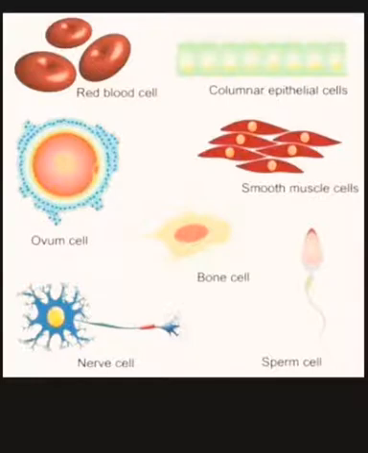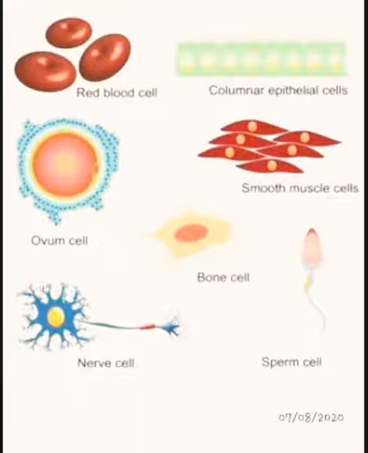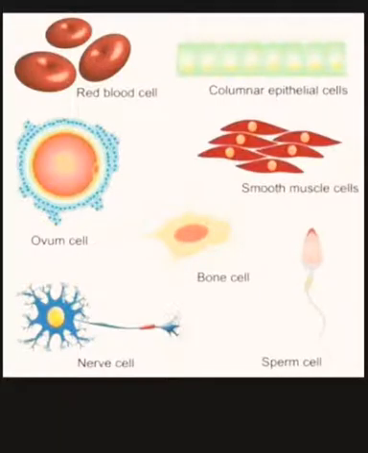The sperm cell is elongated with a head which tapers at one end, and the nerve cell is star shaped, and then an elongated strand comes out of it. So these are the different shapes of cells that can be seen, and there are many more different types of cells with different shapes.